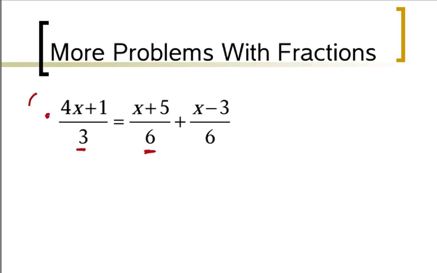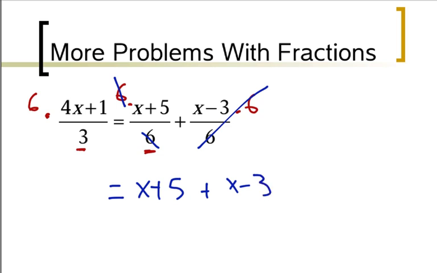So if I multiply everything by 6, and by everything I mean each number group, by 6, the denominators cancel. So these ones, the 6's cancel. 6's cancel over here. So all I'm left with on the right-hand side is x plus 5 plus x minus 3. No fractions.